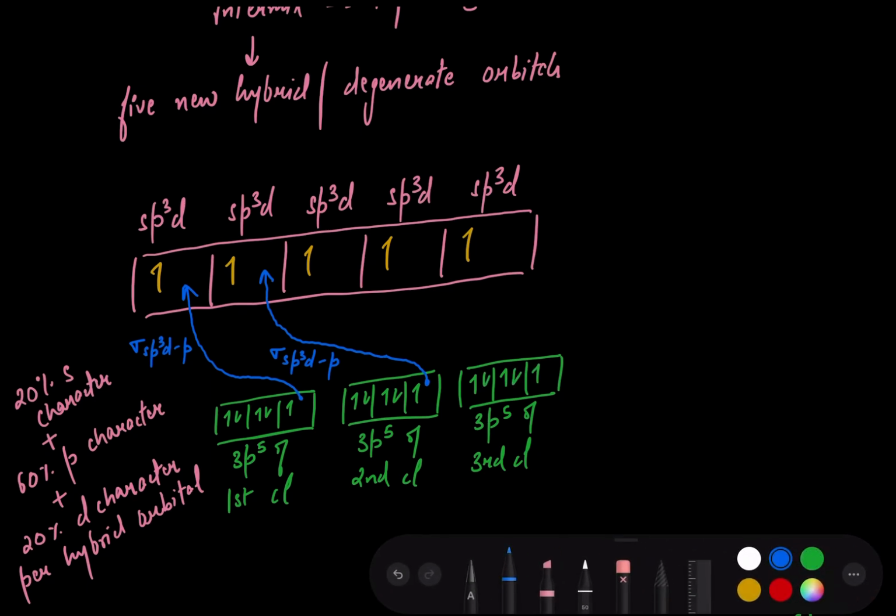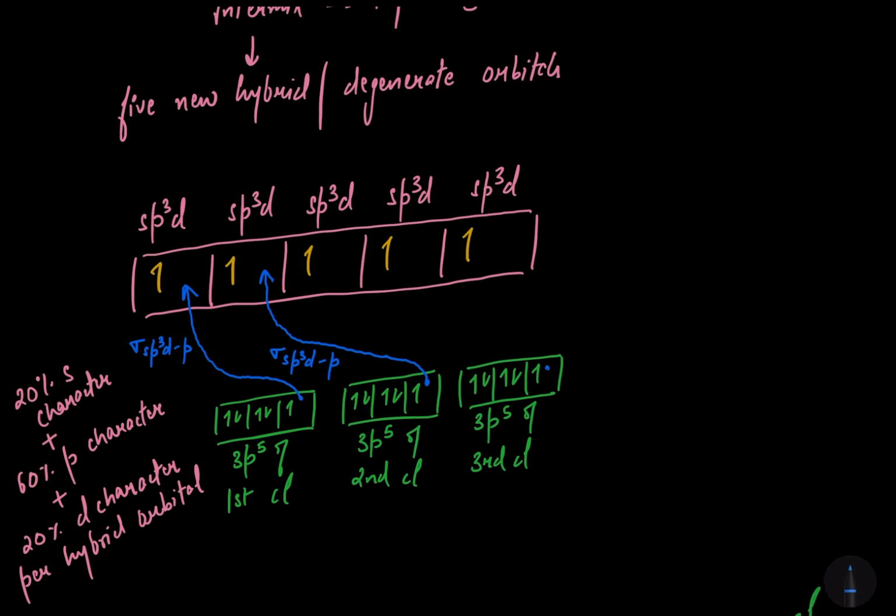Now here we are left with one atomic orbital in 3p which has one electron, which is going to have head-on overlap with the sp3d hybrid orbital of phosphorus for the formation of the sigma bond. So we got the third sigma bond, that's sigma sp3d-p. Why so? Because this sigma bond has been formed by head-on overlap of the sp3d hybrid orbital of phosphorus with the p orbital of the third chlorine.